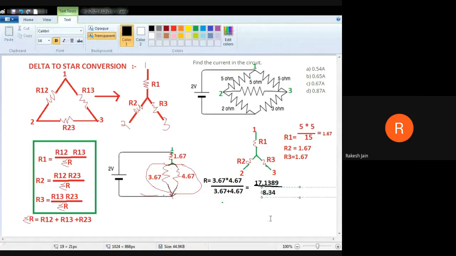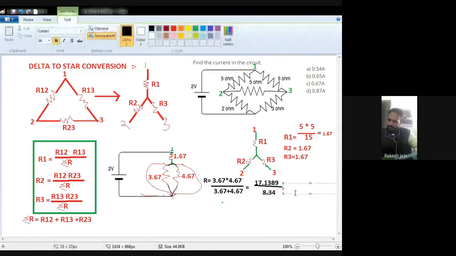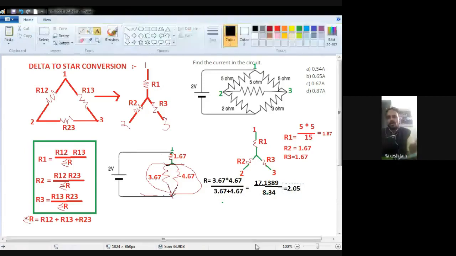I just find out the answer, wait for a while. 3.67 multiplied by 4.67 is equal to 17.1389. So R1 R2 divided by the sum.